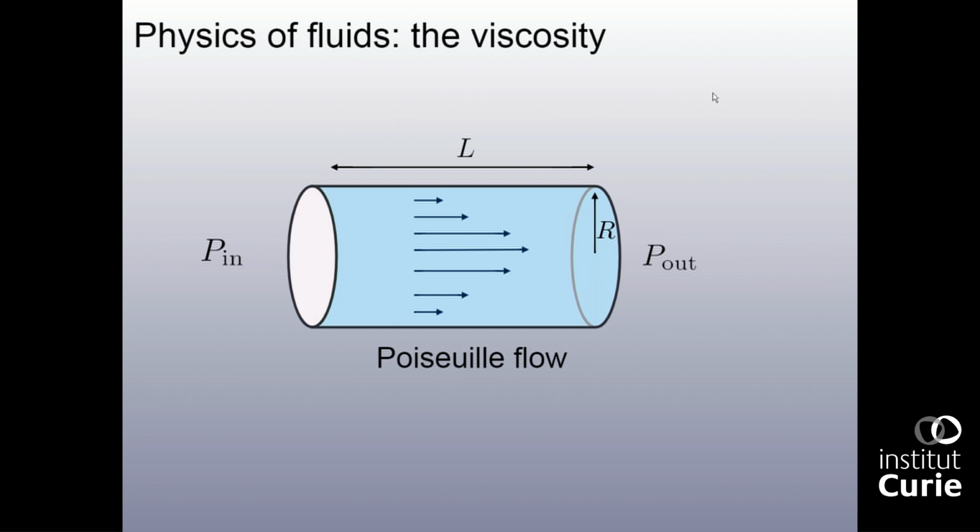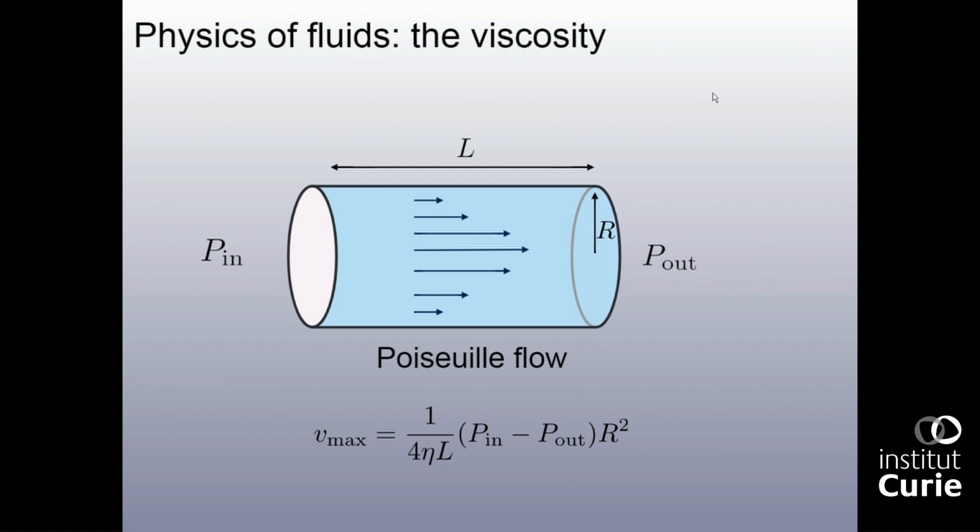This is also a simple problem that you can solve analytically, which is the question of the flow of a fluid inside a pipe. You can consider a cylindrical pipe with an applied pressure. Then you can write down the equations of hydrodynamics, the Navier-Stokes equation, and find out that there's going to be a quadratic flow profile with a maximum velocity in the center. You can calculate the magnitude of this velocity.